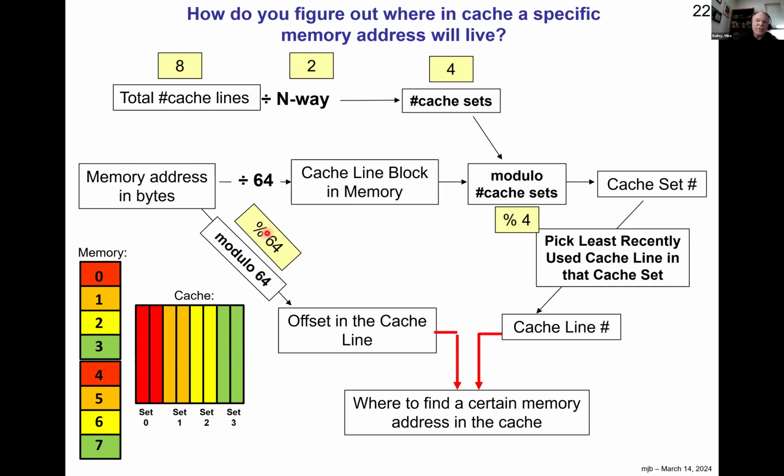So if we do a mod of the memory address with 64, that tells us how far down the cache line this is. Two pieces of information are needed in the CPU chip: where is the cache line that contained that memory value, and how far down the cache line is the memory value that I wanted? Those two pieces of information tell the hardware how to go get this.